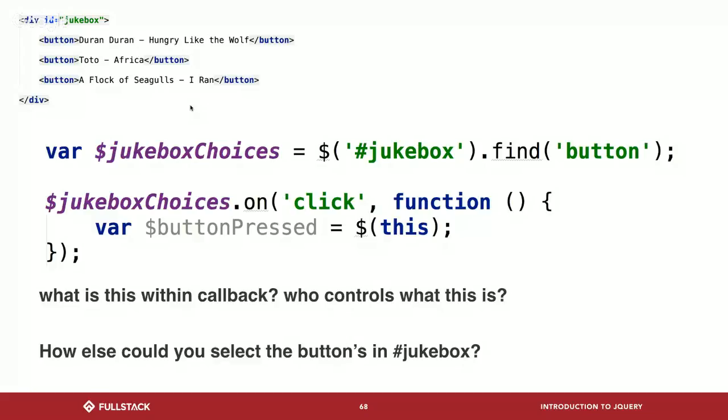The context of this, when that function is called back, is the DOM element that it was placed on. So in this case, it's very important to make that distinction: we're not passing this object, and this object's not even being passed to us. The context of this callback function is being set by the jQuery library. Does that make sense?